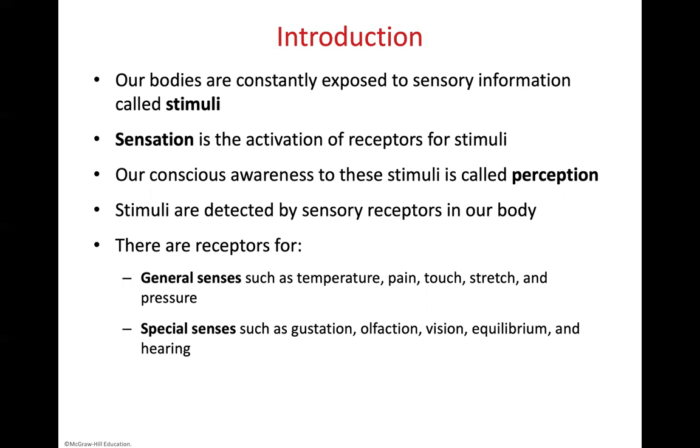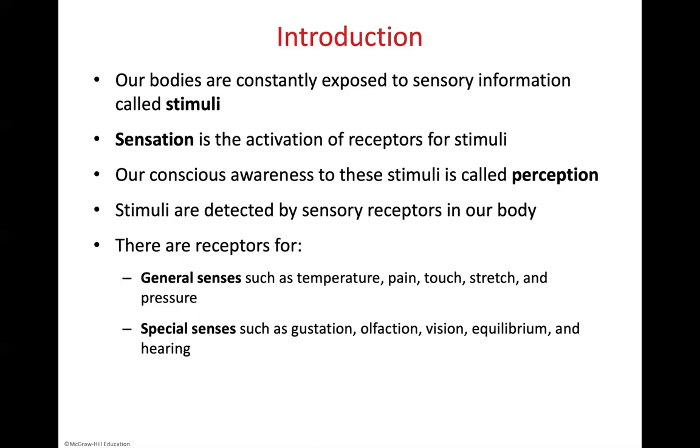So the stimuli are detected by sensory receptors throughout the body. These are receptor cells that can detect a particular stimulus. There are receptors throughout the body for general senses, and these are located all over the body. And these are things like temperature, pain, touch, stretch, and pressure.